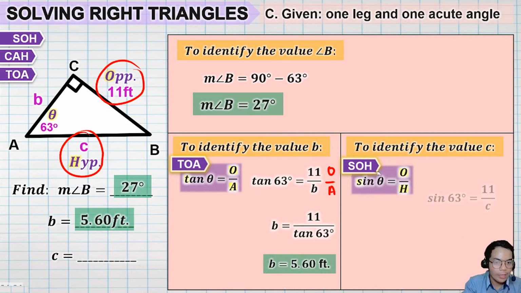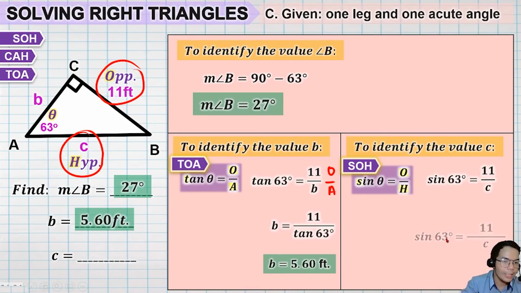This time, anong angle natin? 63 degrees pa rin naman. So, sine 63 degrees is equal to 11 over C. Katulad nung ginawa natin kanina, since nasa denominator na naman yung ating variable, pagpalitin lang natin. So, swap. Para mabilis ma-solve. So, C is equal to 11 over sine 63.